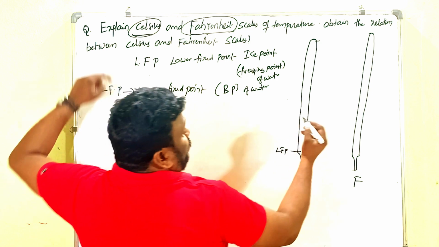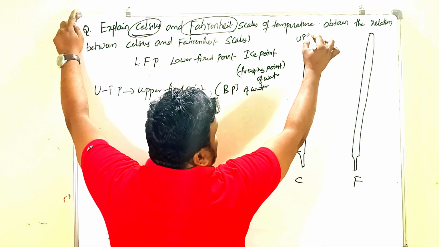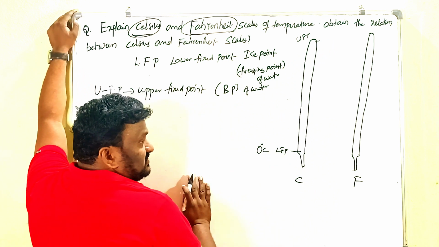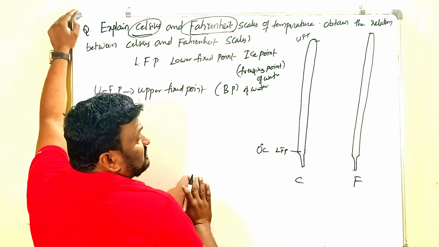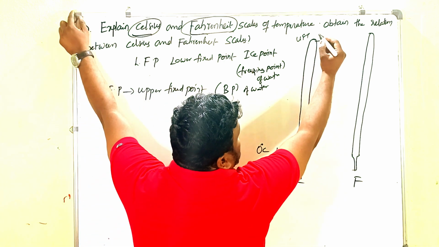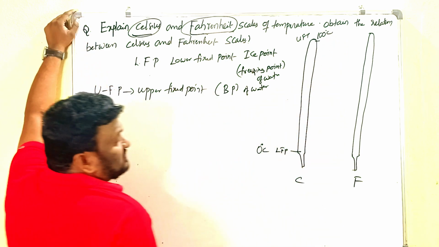For the Celsius scale, 0 degrees Celsius is the lower fixed point, and the upper fixed point is 100 degrees Celsius.